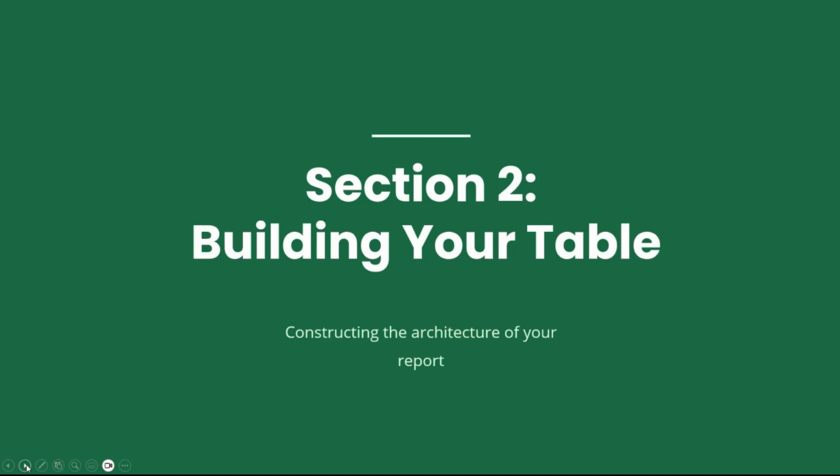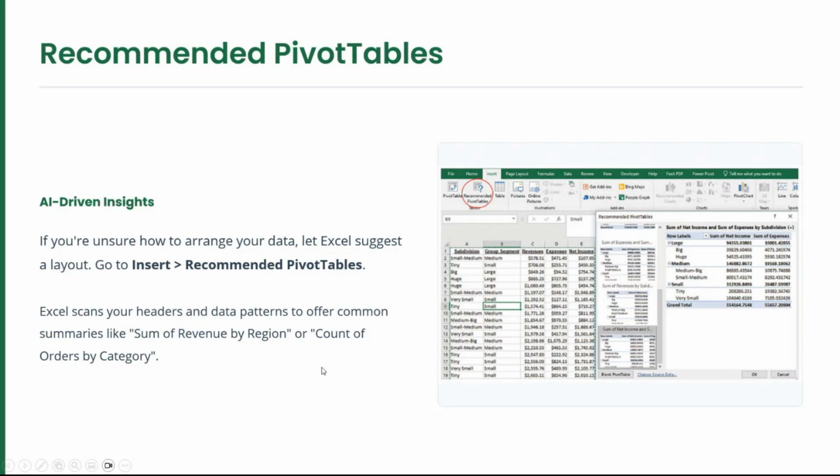Okay. So looking at building your pivot tables. This is just a typical example, a snapshot of how a pivot table looks. This would be a range of data. Then if you had to insert a pivot table, it would look like this.